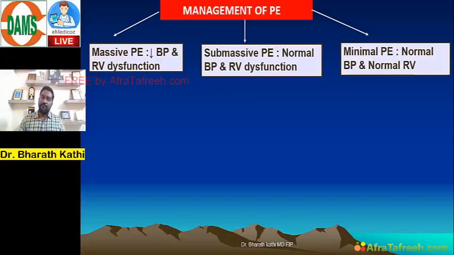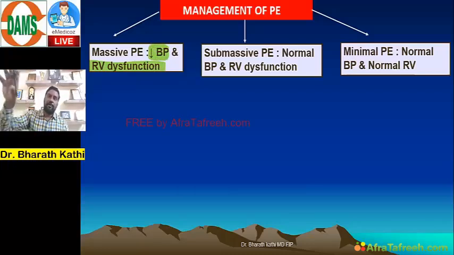Massive means a very big thrombus obstructing the right ventricle, because of which your right ventricle is not pumping properly. Ultimately, blood pressure has decreased. So in massive PE, the important feature is that the patient will be hypotensive. A pulmonary thromboembolism scenario with hypotension is most probably massive pulmonary embolism.